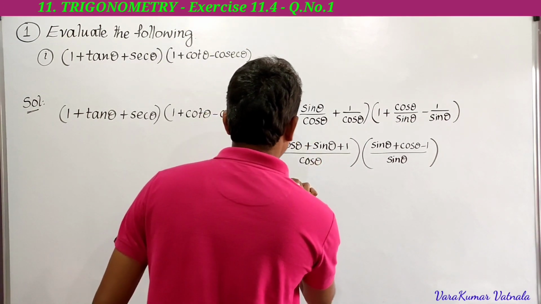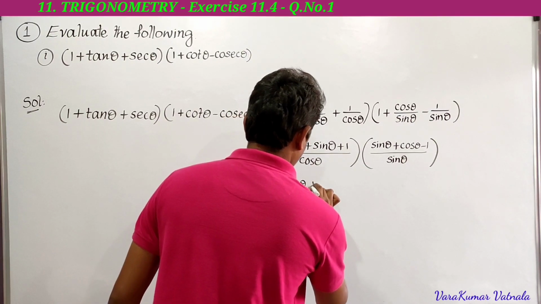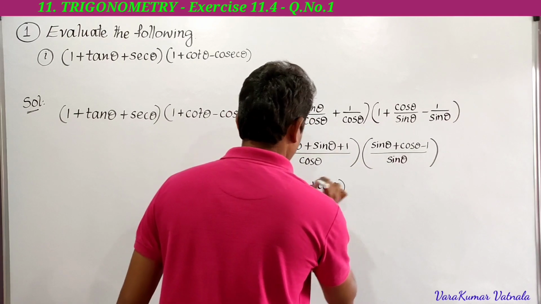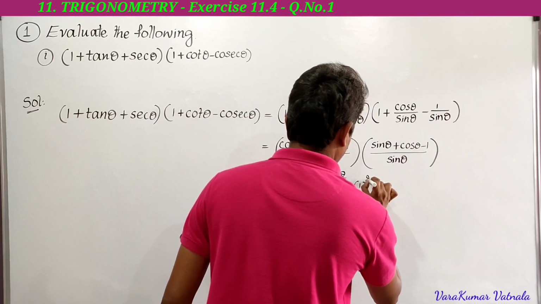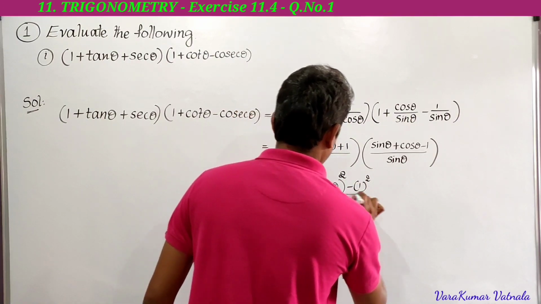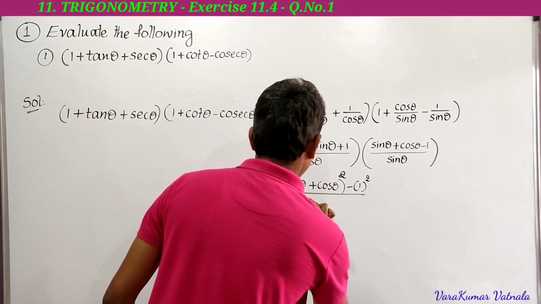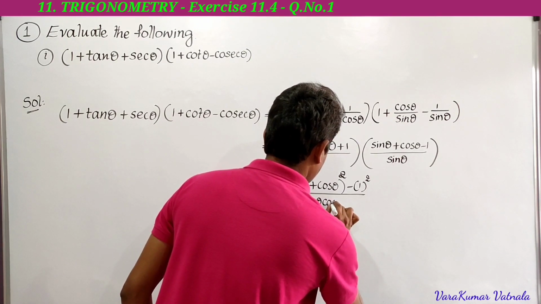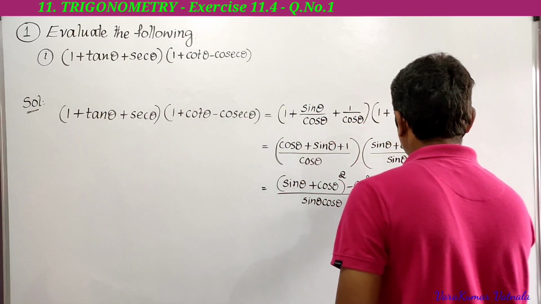Using that formula we get (sin theta plus cos theta) whole square minus 1 square, divided by, multiplying the denominators, sin theta into cos theta. So just we have used this formula here.